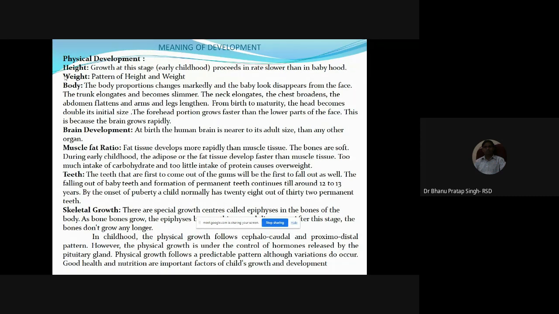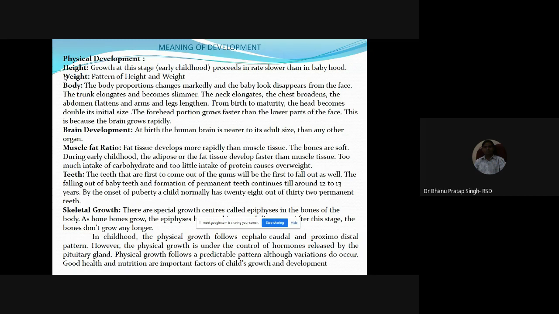Even many changes come in the body, like the neck elongates and the chest broadens, and the abdomen, arms and legs change. So from birth to maturity, many changes come in the body.